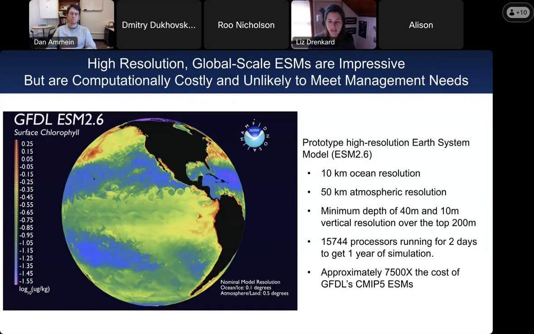So we like to use these regional ocean models so that we can start to generate large ensembles of many different tests of how the Earth system might change, or do forecasts, because they're not as computationally expensive. So there's value in having that high resolution, but also value in not running the entire global ocean.